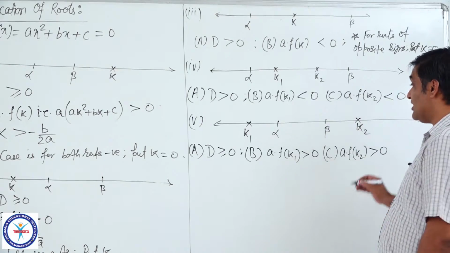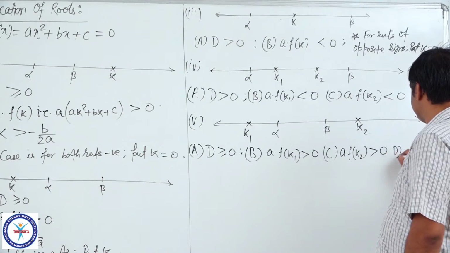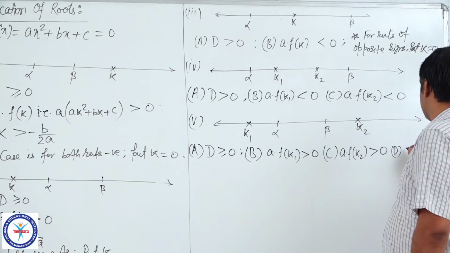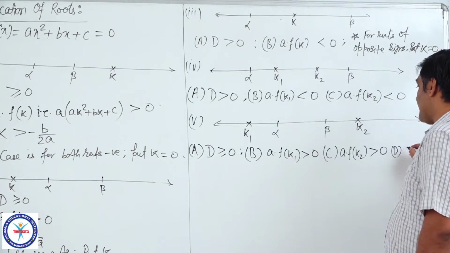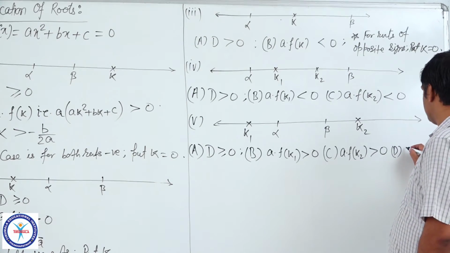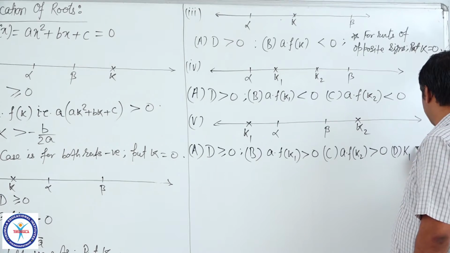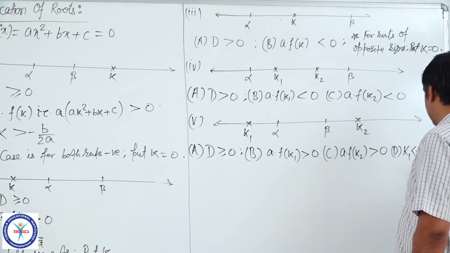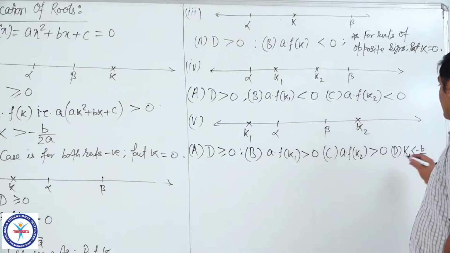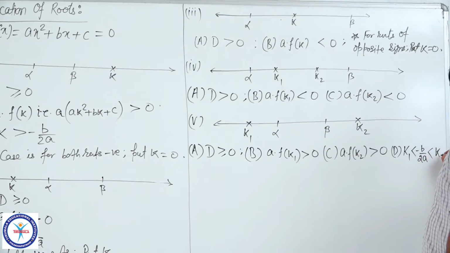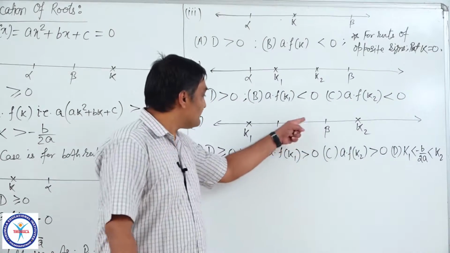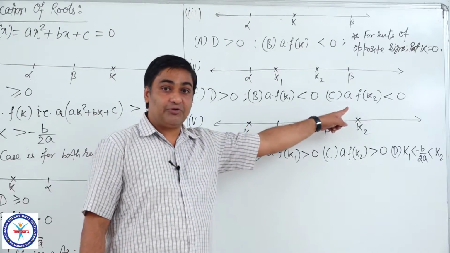And one more condition is there. k1 less than minus b by 2a, and minus b by 2a is less than k2. Minus b by 2a is what?